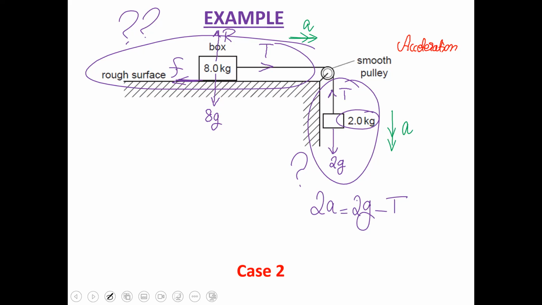Hasat, your answer please on the double question mark. 8A is equal to T minus F.